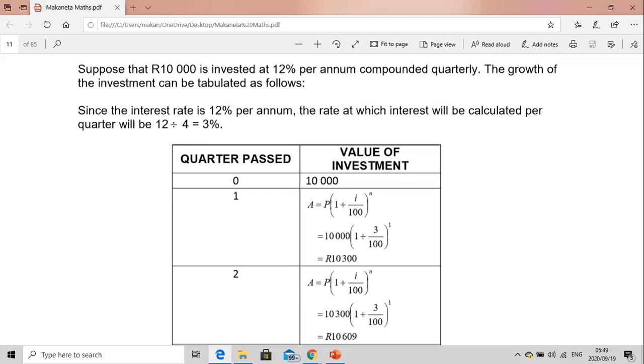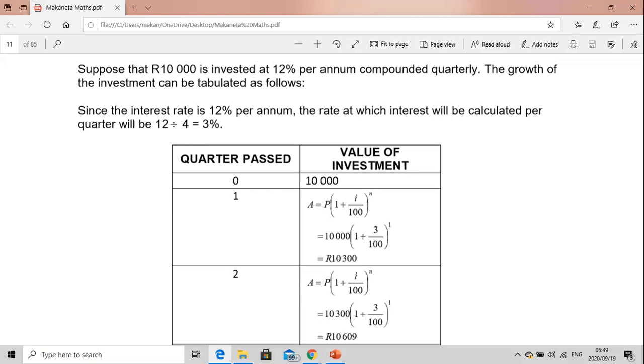The first 3% will be charged in the first quarter, and the other 3% in the second quarter, and so on, until they make a total of 12%. Now, in the first quarter, without doubt, we use the compound interest formula. So now the compound interest formula will give us the actual amount that we need.